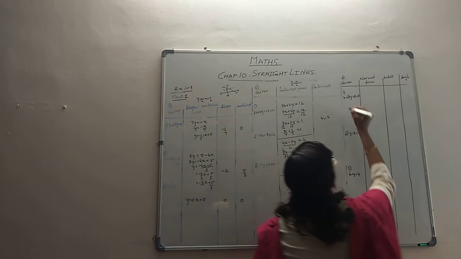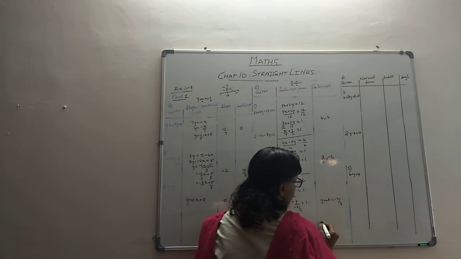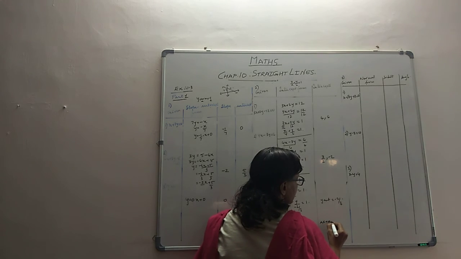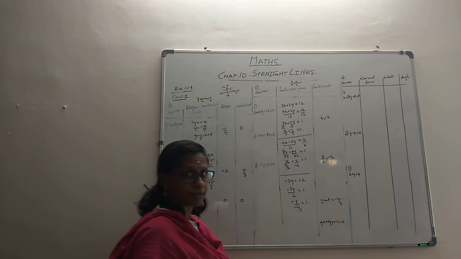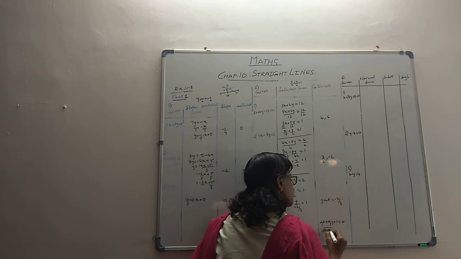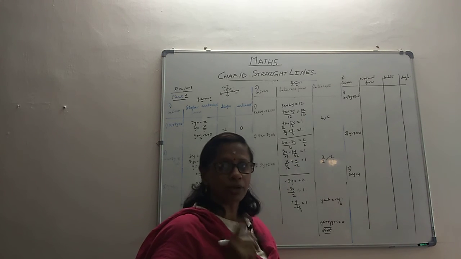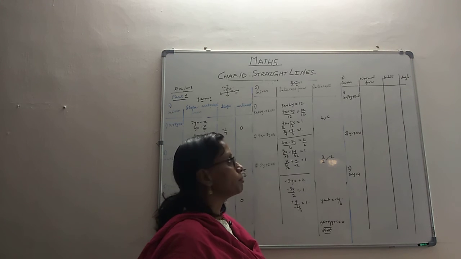For example, suppose you have a general equation ax plus by plus c equal to 0. Here a and b are the coefficients of x and y. You are supposed to look out for root of a squared plus b squared. Find that out and divide the expression. That's how you do every normal form problem.